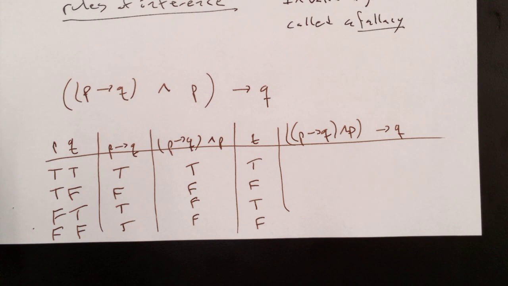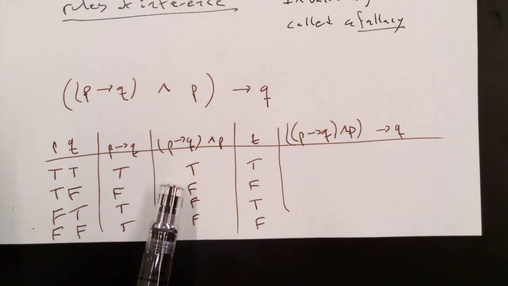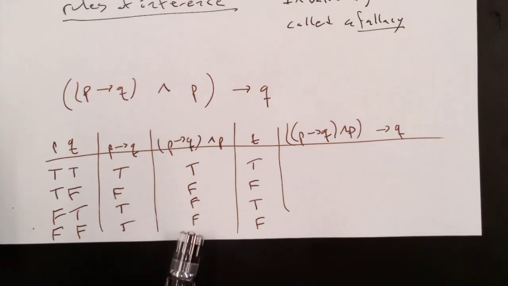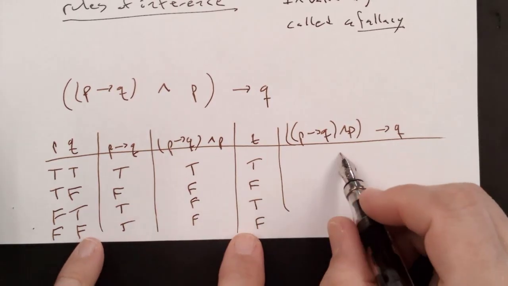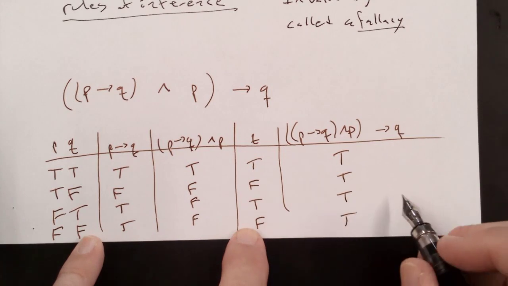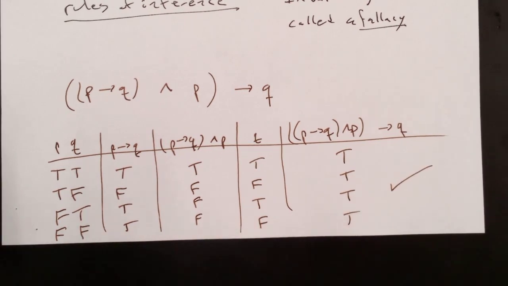First row, T arrow T, is true. What about the next three rows? But all three of these start with a false, right? And any arrow that starts with a false gives me a true. So I end up with all four of them being true.